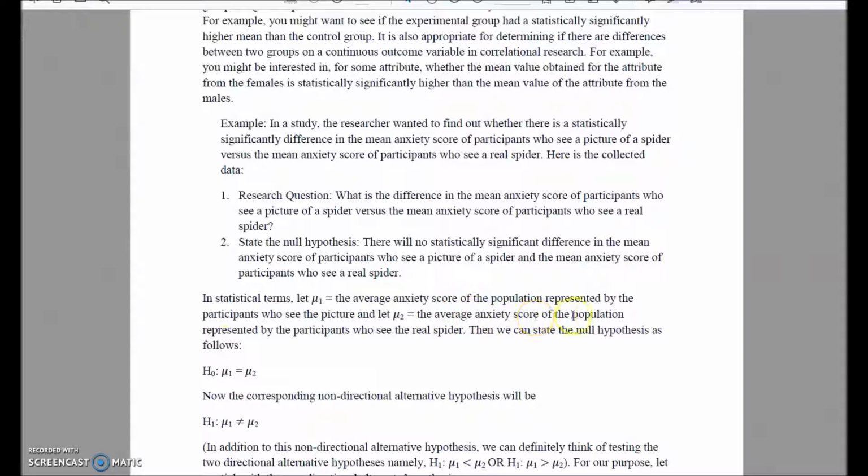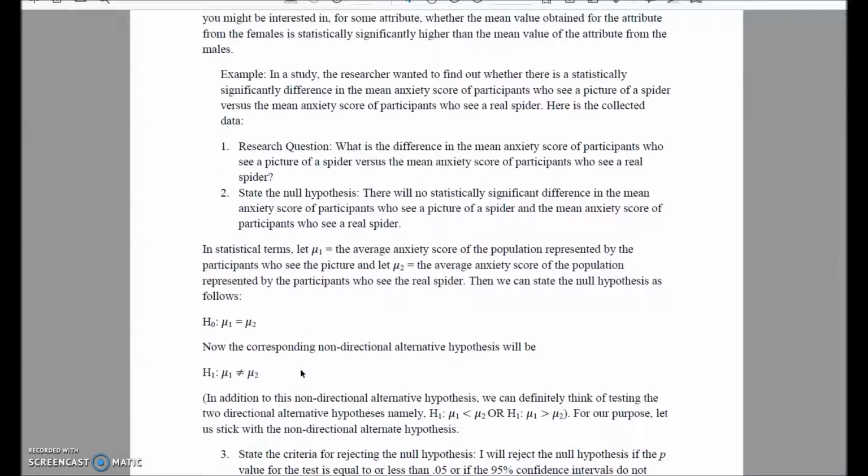Mu2 is the average anxiety score of the population that see the real spider. So how do we say our null hypothesis? H0, colon, mu1 equals mu2, with mu1 and mu2 italicized. So this is our null hypothesis. This is how you will state your null hypothesis in words, and then actually define your variables and write the statement.